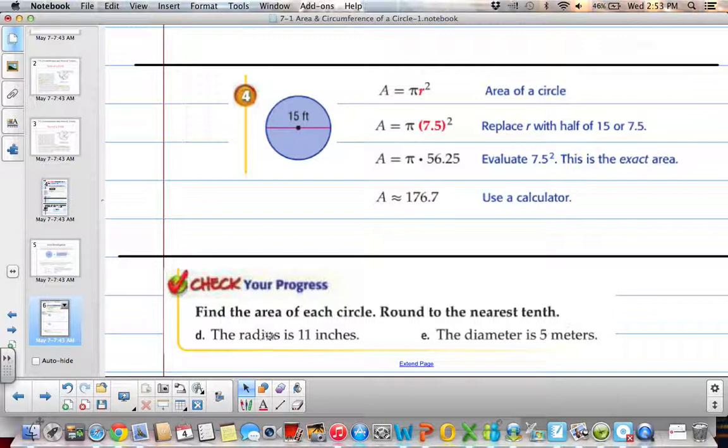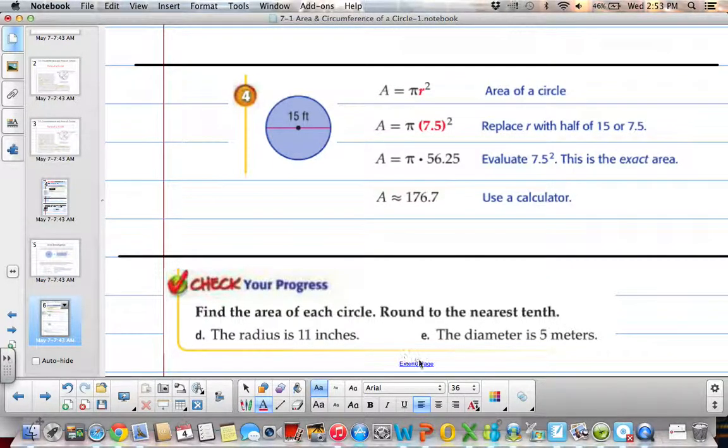Okay, so take a second and solve D and E. So pause me and do it and then come back. So if the radius is 11 inches, we want to find the area.